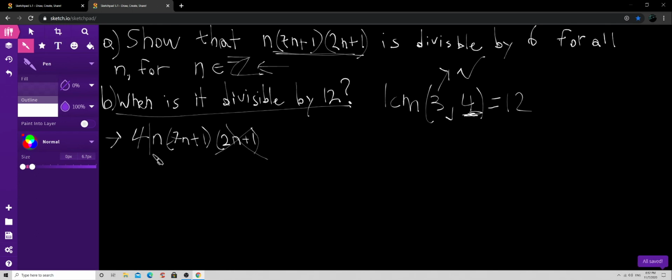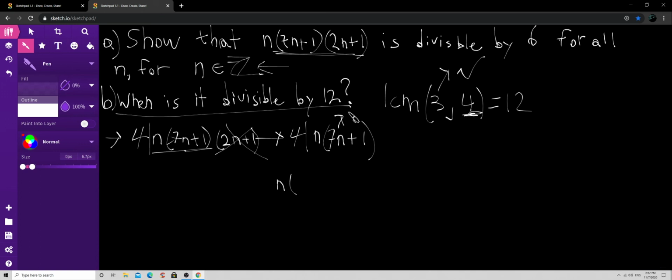Okay? So now it suffices to show that 4 divides n times 7n plus 1. Okay. So we can look at this in a modular congruence. So we just have n times, well, if we simplify this, I'll just speed this process up.